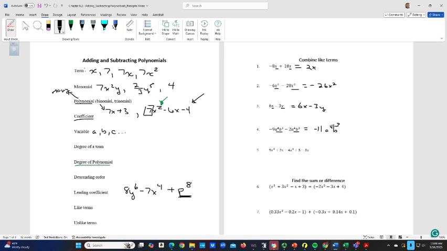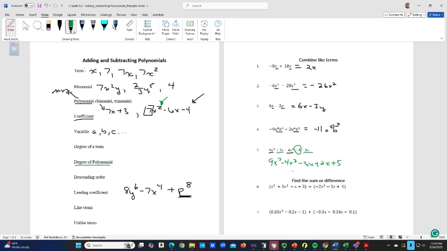All right, and lastly, when we get a long polynomial, we just have to combine like terms. It's probably a good idea to rewrite this so that your like terms are together, so you know what you're looking at when you're combining. If I rewrote this, this is 9x cubed minus 4x cubed minus 3x plus 2x plus 5.